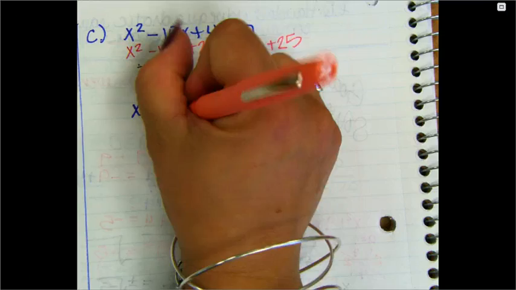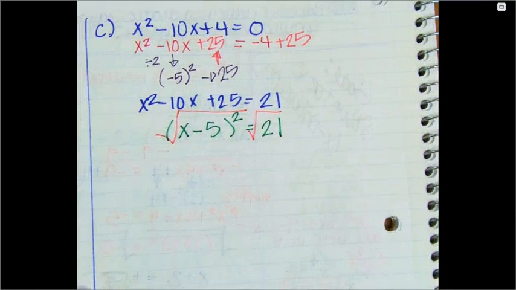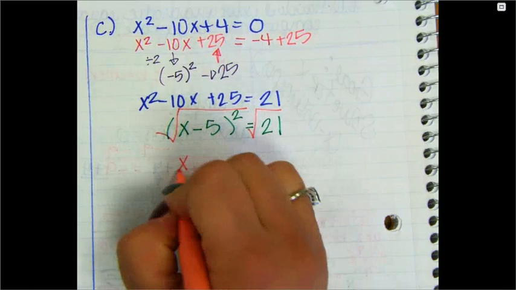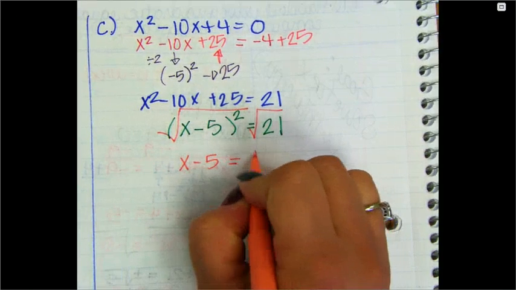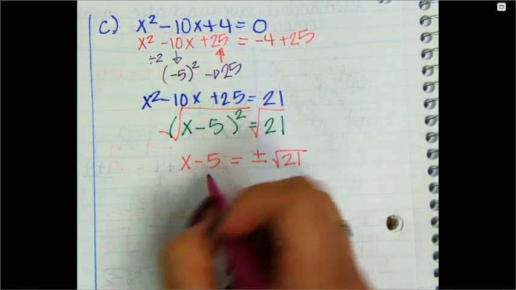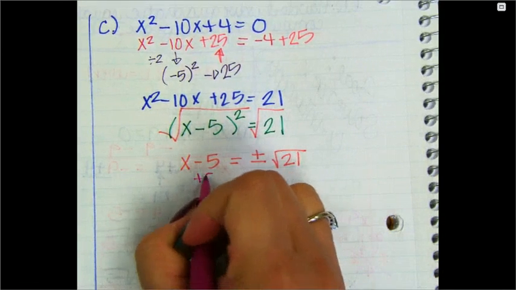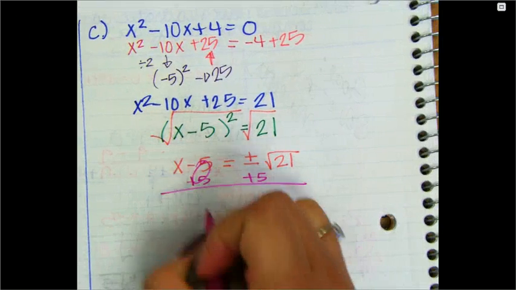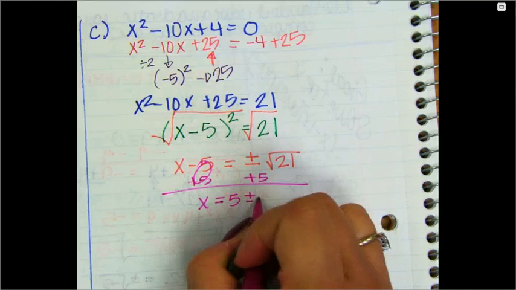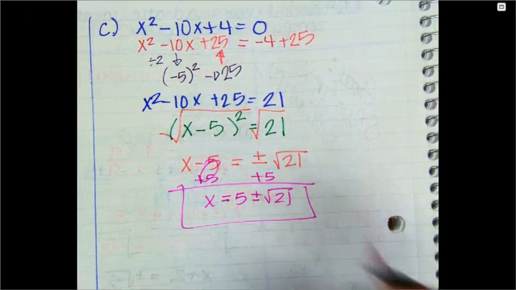Square root it. Oops, that should be on the outside. So what do I get? X minus 5 equals plus or minus root 21 because it doesn't factor tree. Then I do what? Add 5. And x equals 5 plus or minus radical 21. Who has that? Okay.